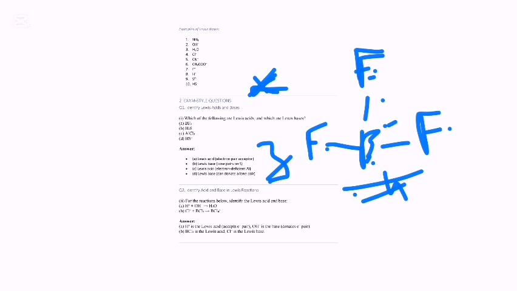This is one thing we need to know. They will ask you questions like this. My encouragement is that you need to know the examples and the concept. They can tell you to explain Lewis acid, Lewis base, Bronsted-Lowry acid, even Arrhenius acids and bases. They will usually ask you.